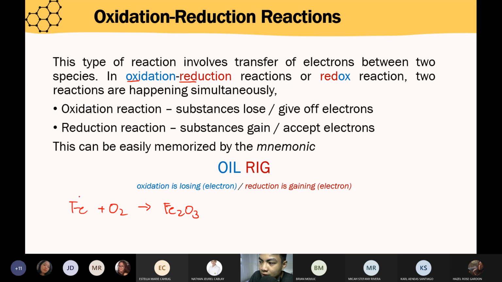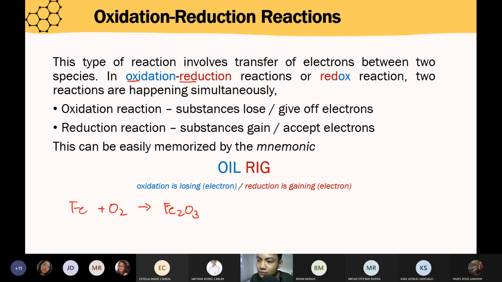Bakit? Kasi, look, your iron, ano yung charge niya dito? It is not a charged particle. Pero pagdating dito sa kabilang side, charged particle na siya kasi ionic compound na siya. So, basically, when you have a redox reaction, nagkakaroon ng ganong change. Before, wala siyang charge. Pero after the reaction, naging ionic compound siya.